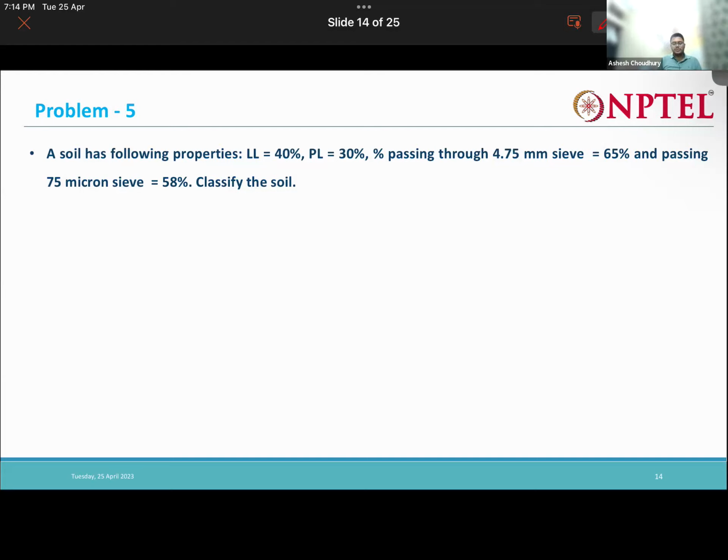Right. So we studied the Indian standard soil classification system, the ASTM soil classification system, and we saw how we can classify any type of soil. So why do we classify soils?